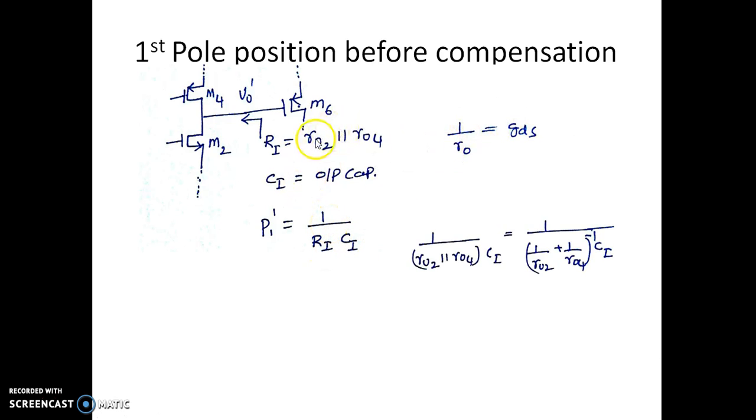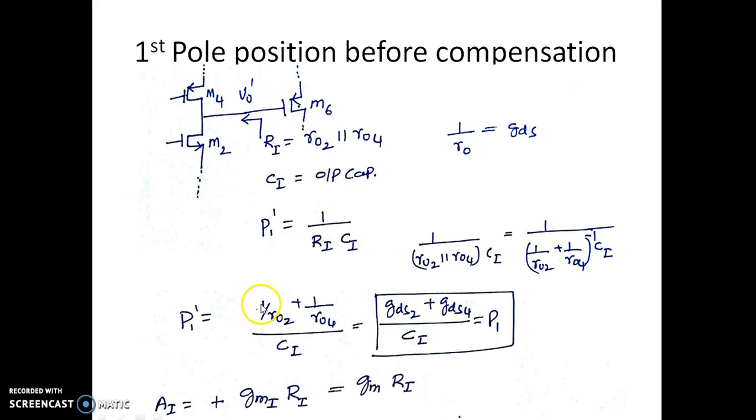Where this is R02 and R04, because now instead of writing simply R0 as the resistance, we can also write 1 over R0 as gds. So if you want to write what R0 is here, instead of writing R0, we can write 1 over gds. So that's what we have. P1 dash is given by 1 over R02 parallel with R04 into C1. So that can be written like this.